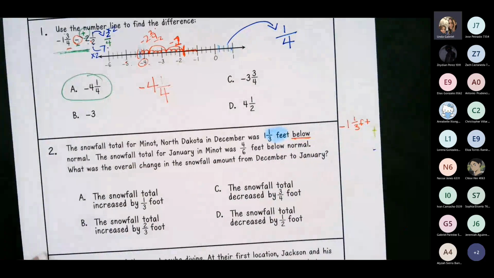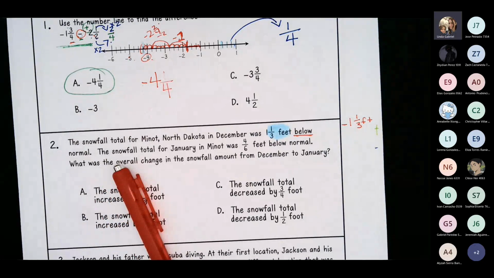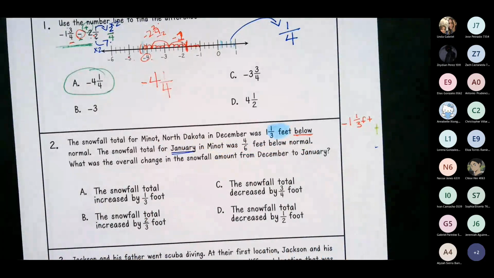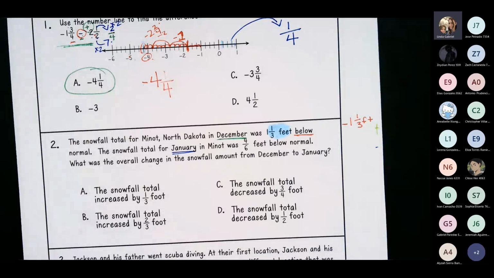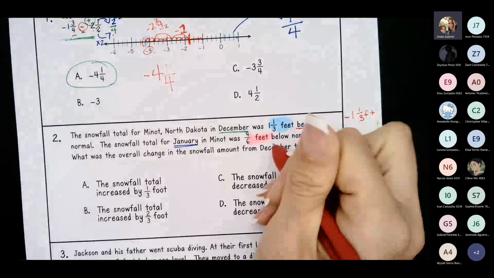Right. So that's the part that told us it was going to be negative. Then I have the snowfall total for January, right? For here I had December. So my snowfall total for January in Minot was 4/6 of a foot below normal.